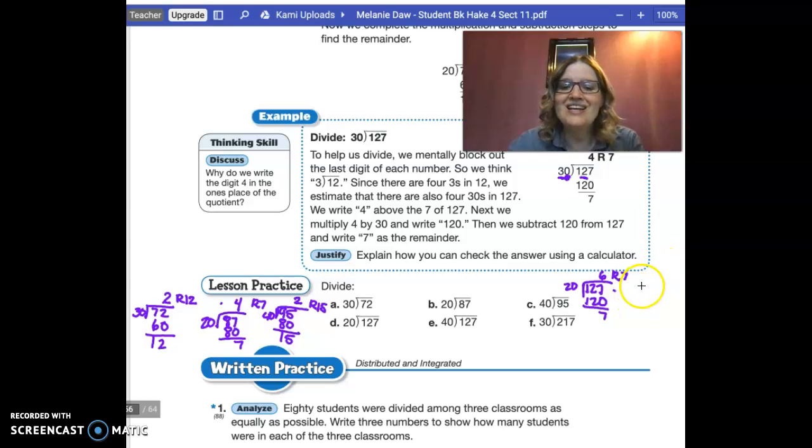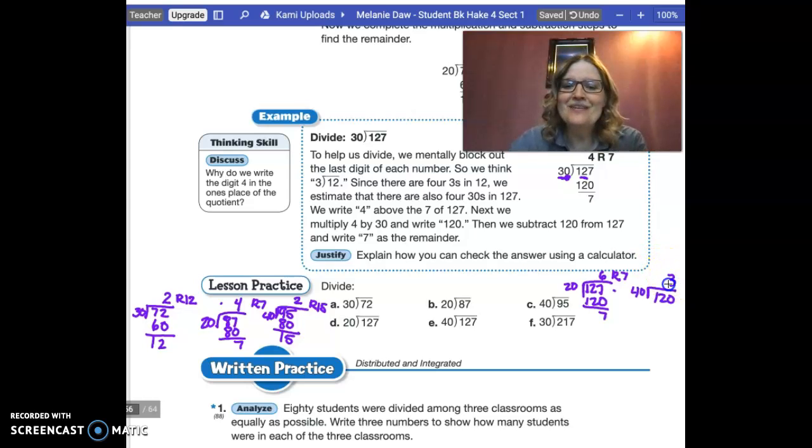Our next one is 120 divided by 40. I'm going to undo that because I put it in the wrong place. Don't do what I almost did.